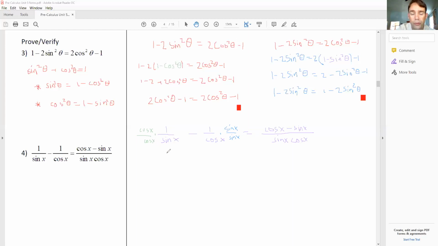So we end up with cosine x over sine x cosine x minus sine x over sine x cosine x.